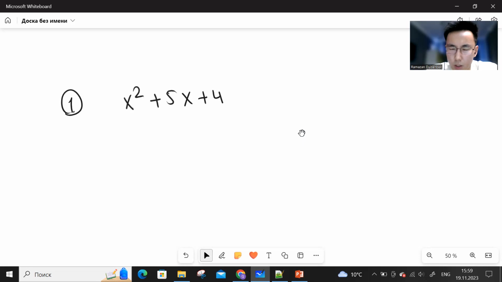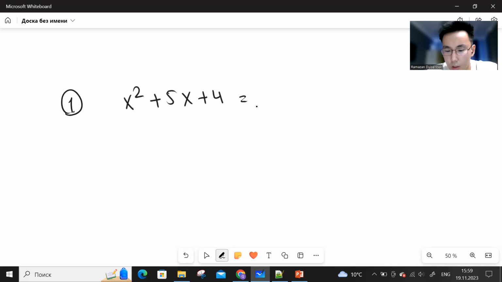Factorization is just a multiplication of some brackets. In our case, two brackets. Why exactly two brackets? Because here the highest power is 2. That's why it will be a multiplication of two brackets, but it's not always in this case.